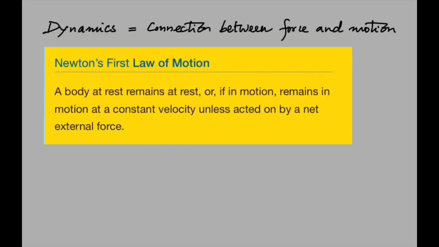So an object which is at rest cannot move by itself, and an object which is in motion in a straight line with constant velocity cannot stop by itself. So for an object at rest to move, or an object that is moving to stop, there must be a net external force acting on the object. So that's what you mean by Newton's first law of motion.